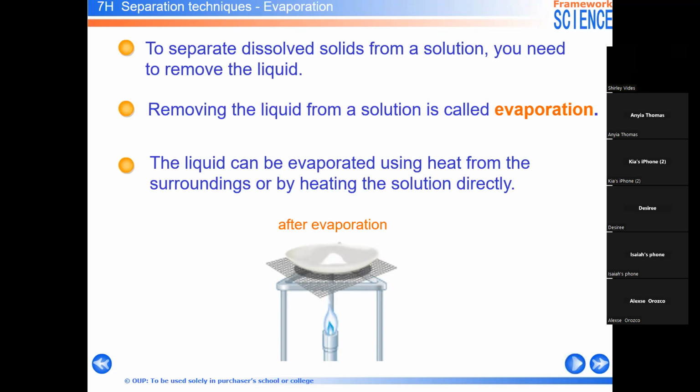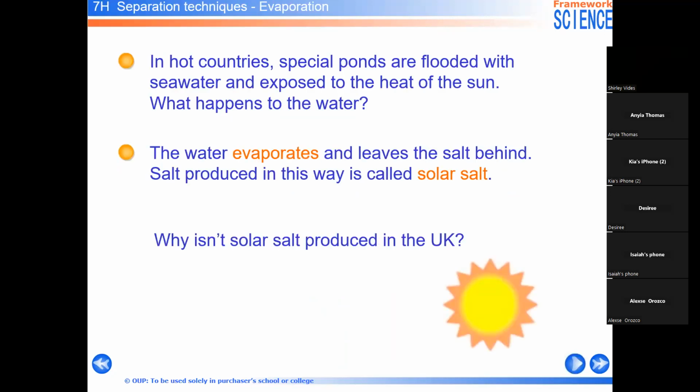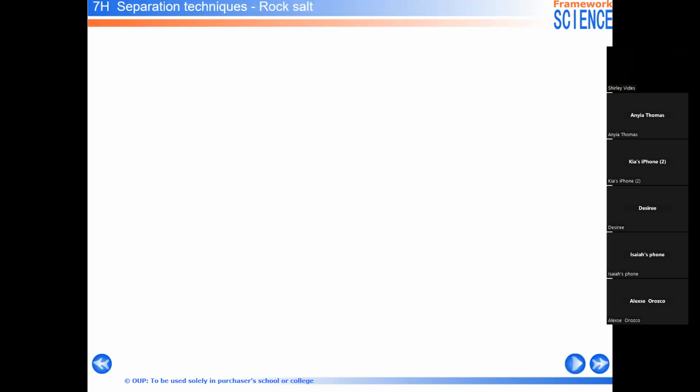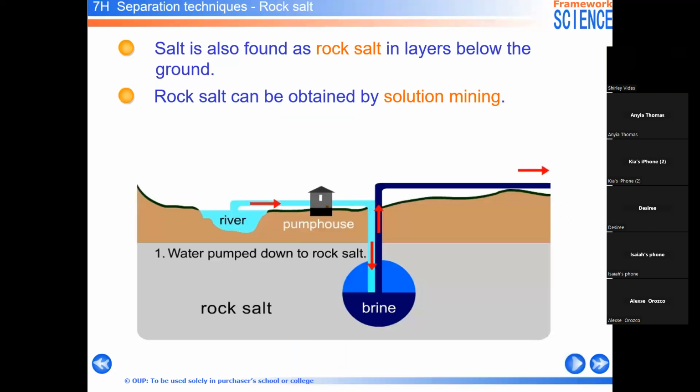All right, so this is one of the actual applications of this. It's called solution mining. Basically, they dig a hole first, then they pump the water in, and the salt that's in there dissolves.